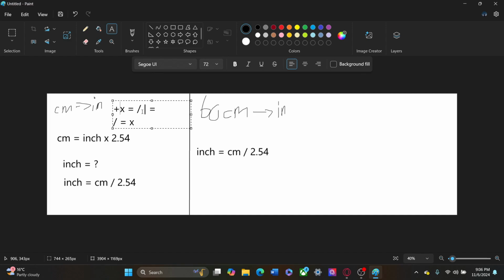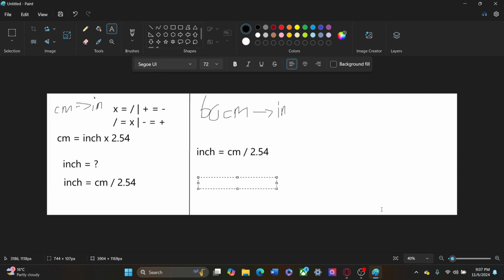Addition equals subtraction, and subtraction equals addition. Okay? We have our chart here. So this will come in handy if you forget why it becomes division. Okay? Now let's get back to here.